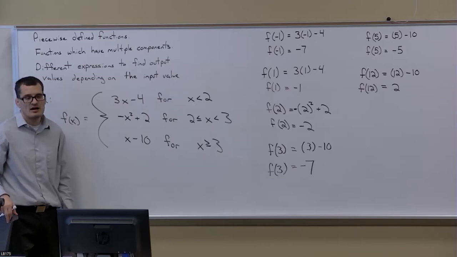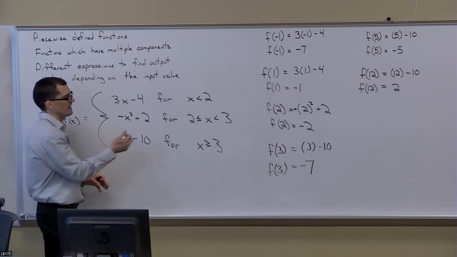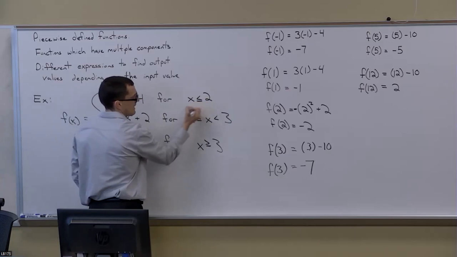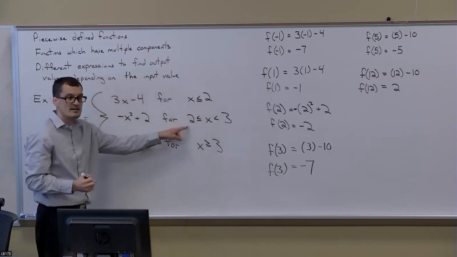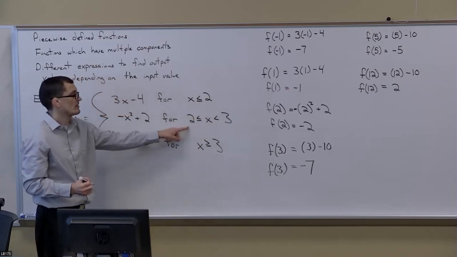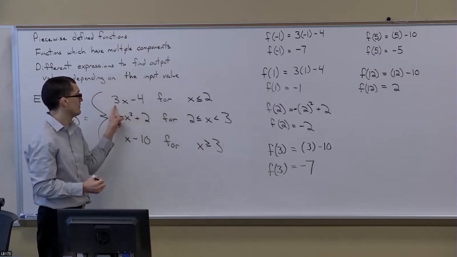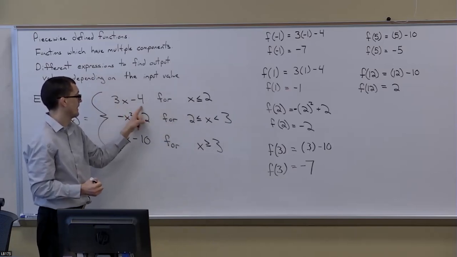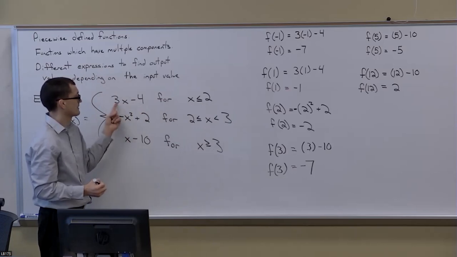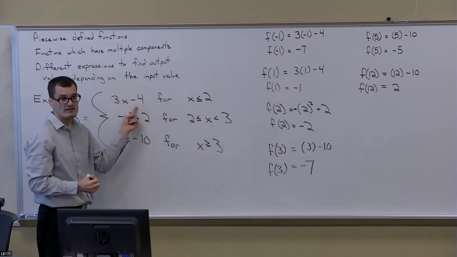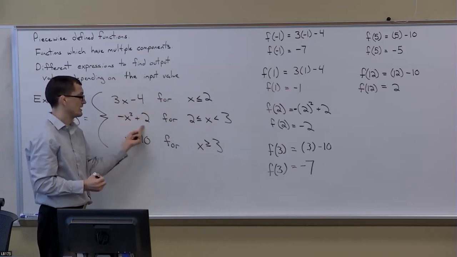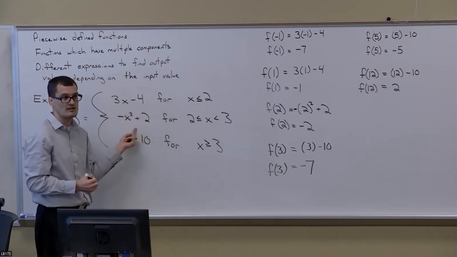Let's just say, for instance, if I had an equal sign here and here, if I plugged in 2, I'd get one point on this one, and if I plugged in 2, I'd get a different point on this one.